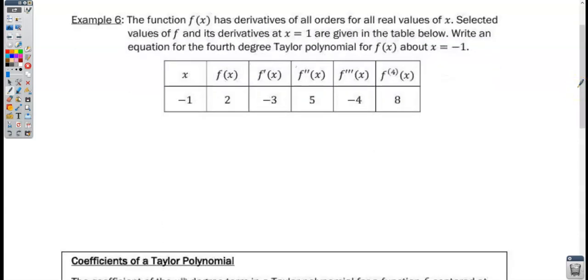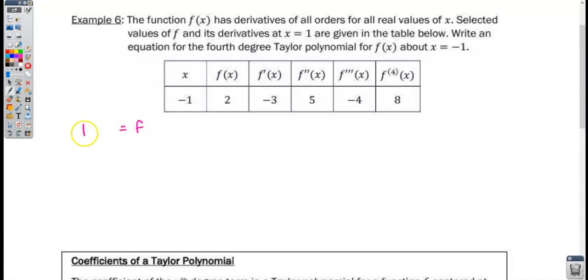So if we want to write the fourth degree Taylor polynomial, again, we're going back to what our general form looks like.